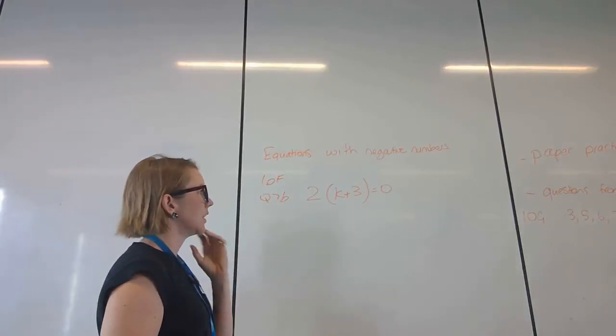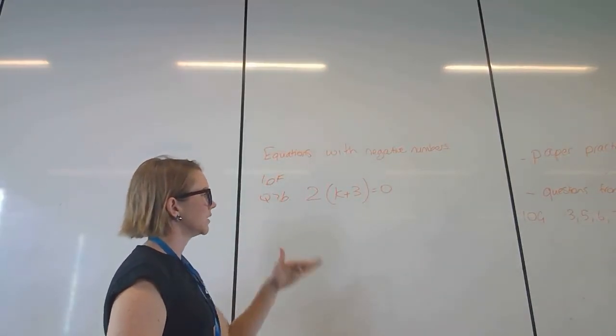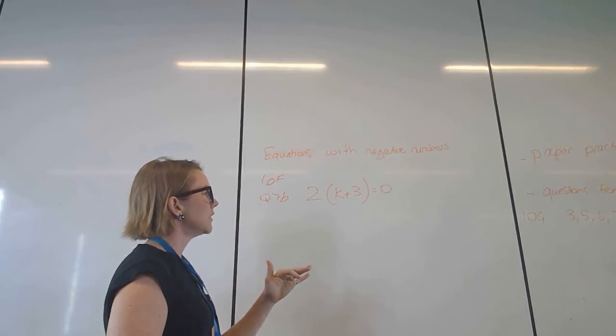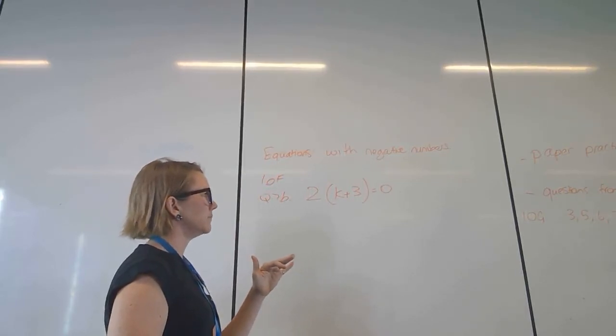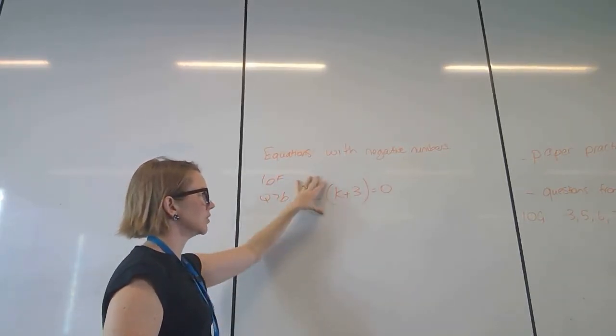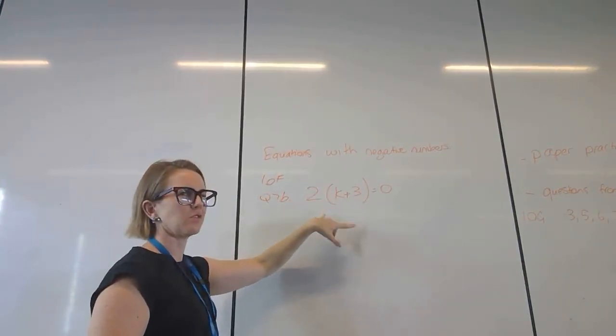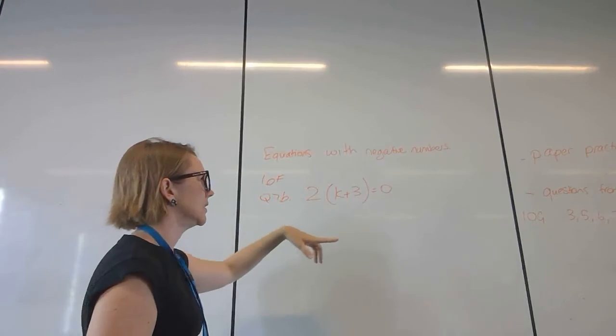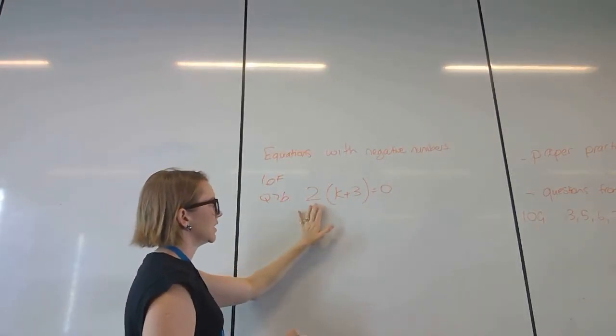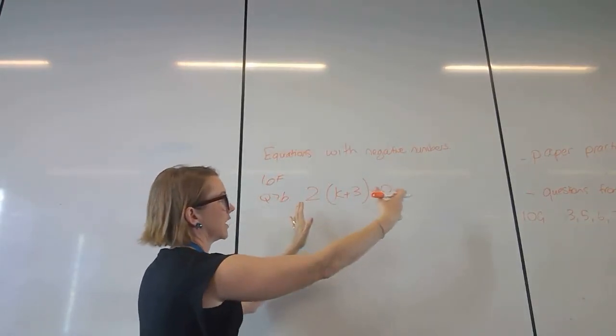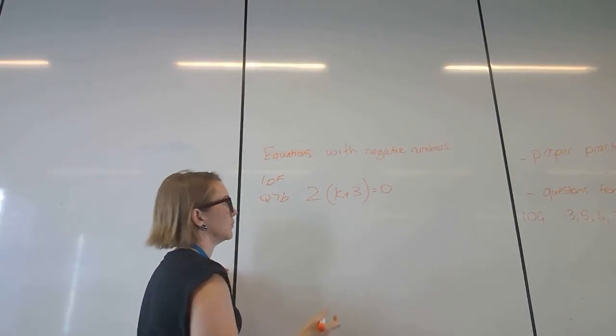Here I do have 2 choices: I could expand the brackets, or I could just remove the 2 first and deal with my k plus 3. If you can, that is a little faster, so we'll do it that way today. That's only because we've got one number out the front and the rest of the stuff is in brackets. That's why that method works.